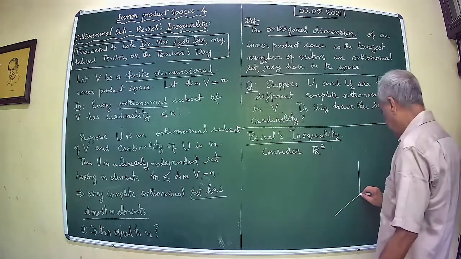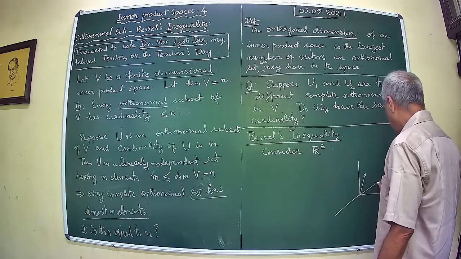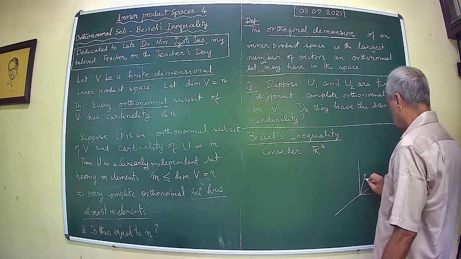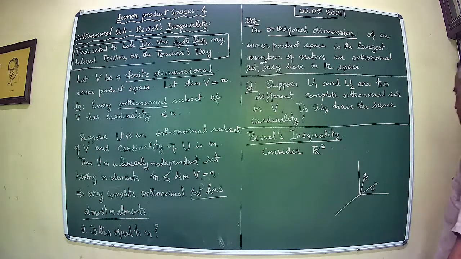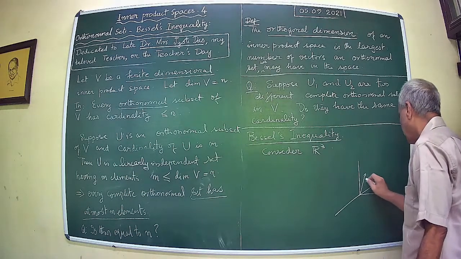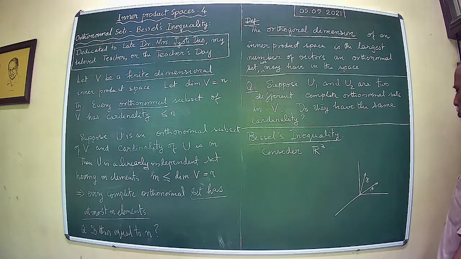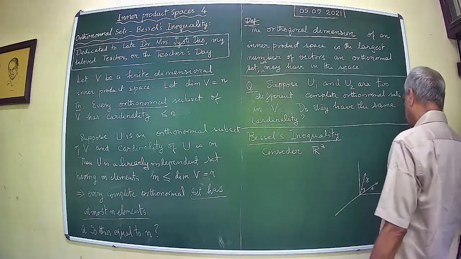Suppose you take these two vectors x and y. They are linearly independent vectors, and assume that this is an orthonormal set.